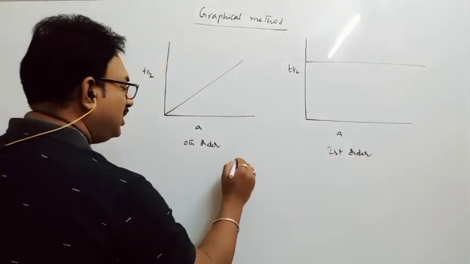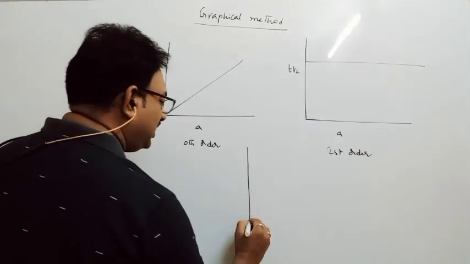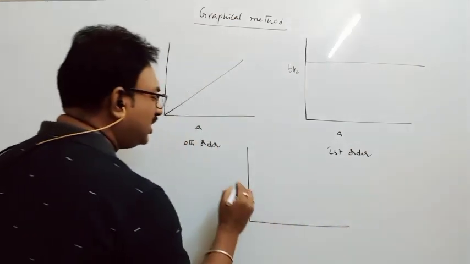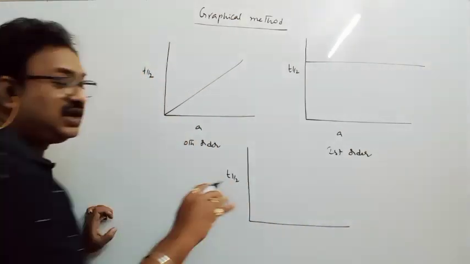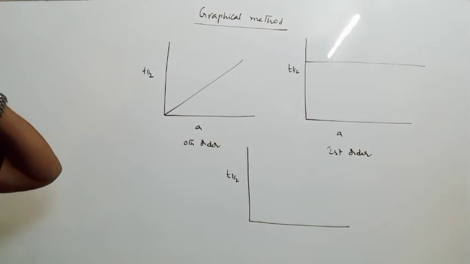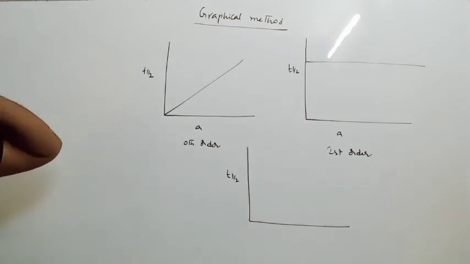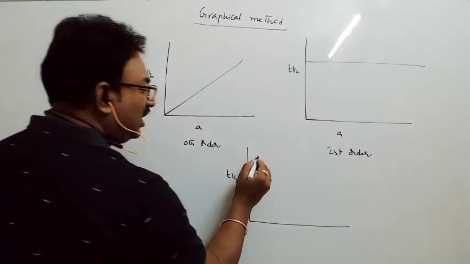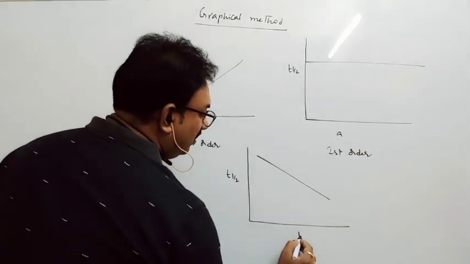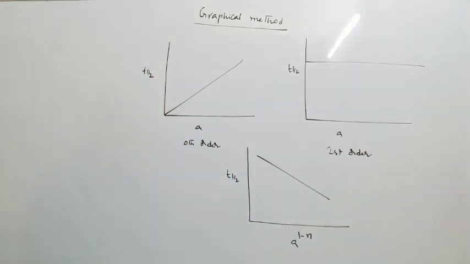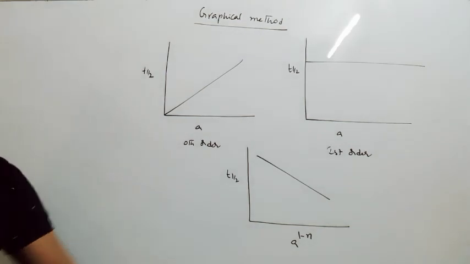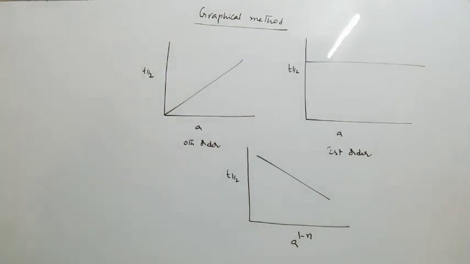Right. Now, for second order and third order I am writing one equation, one graph. I am writing the same graph for second order and third order. T half is proportional to 1 by a power n minus 1, that is, a power 1 minus n.